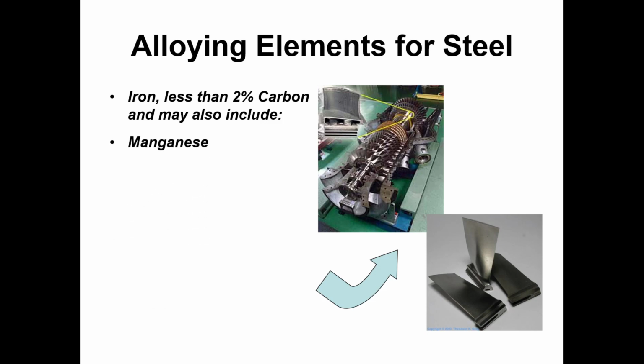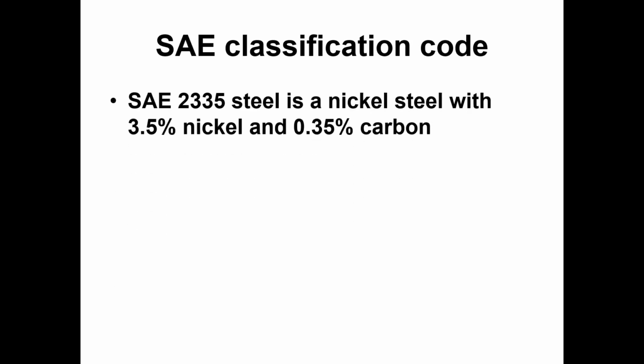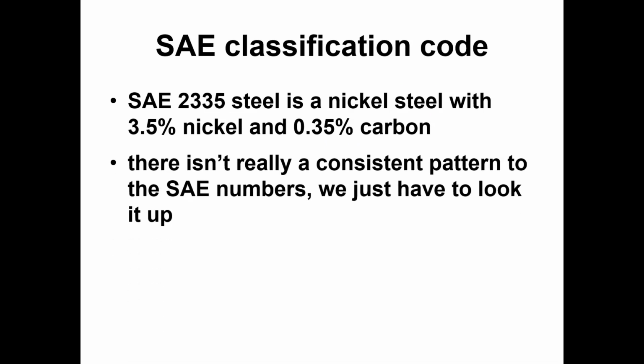And there are other elements that they add to steel to get certain properties, like manganese, silicon, copper, sulfur, cobalt, and nickel superalloys. I put that in bold just because I think they're cool. So these are different alloys, different chemical compositions for steel. There's something called the SAE classification code, which is a numbering or naming system.